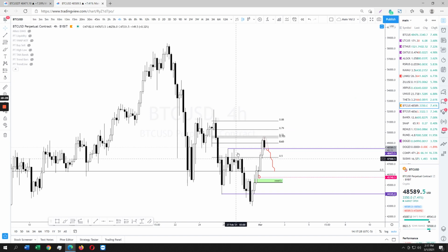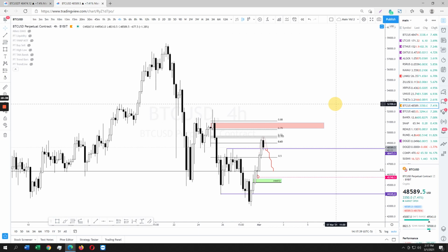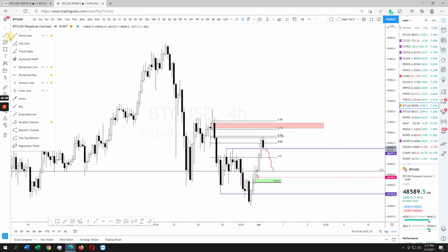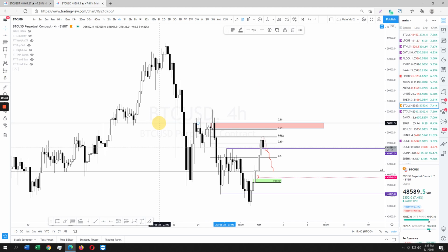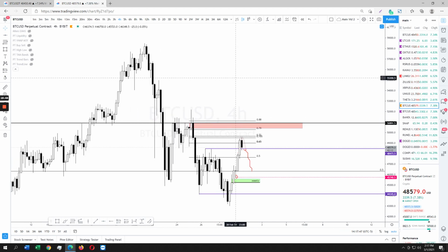This could technically be a breakout retest to go further higher, and then see a reaction at this area over here, because this is definitely resistance. That 50,891 is a big resistance cluster. So let's see what happens.